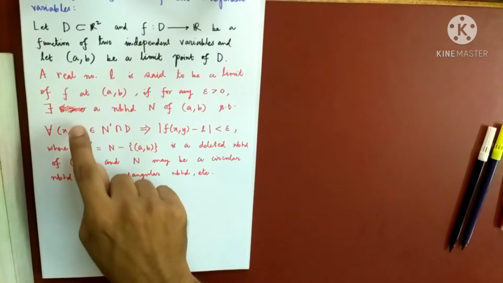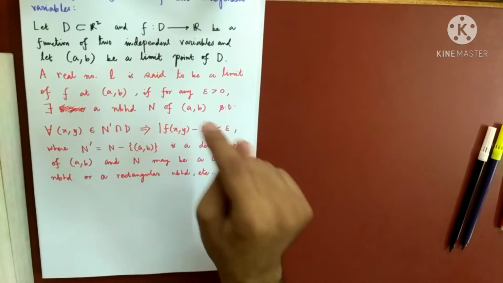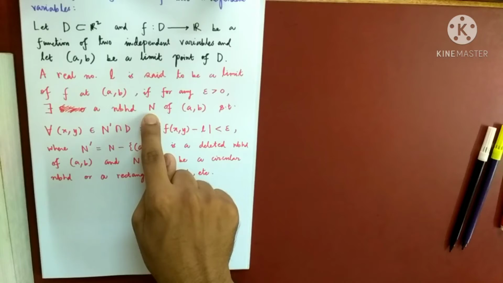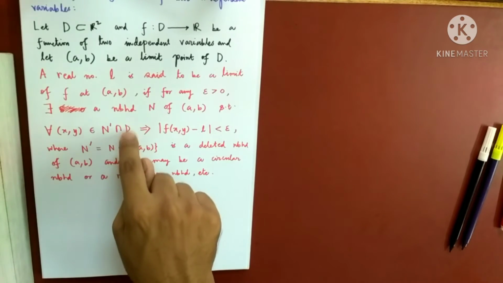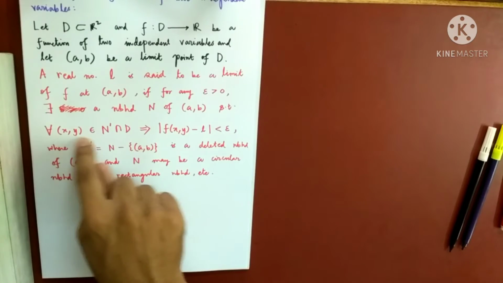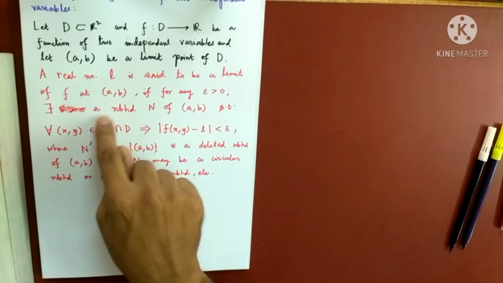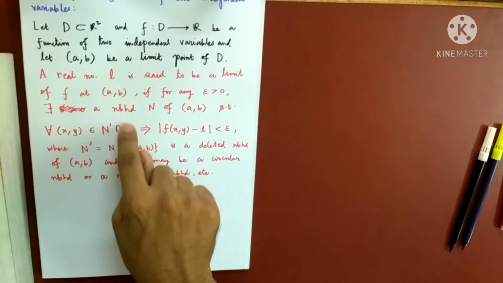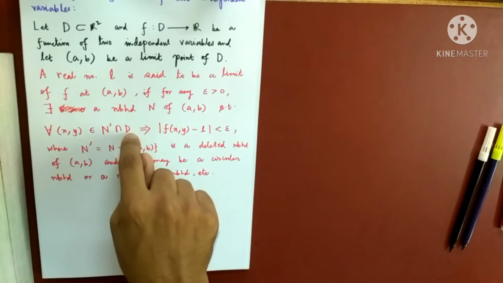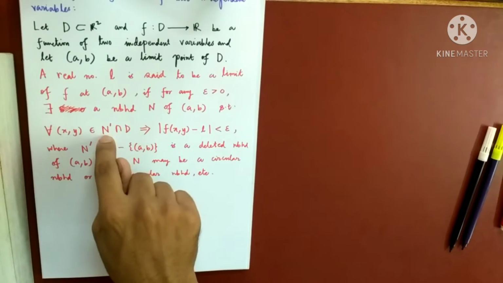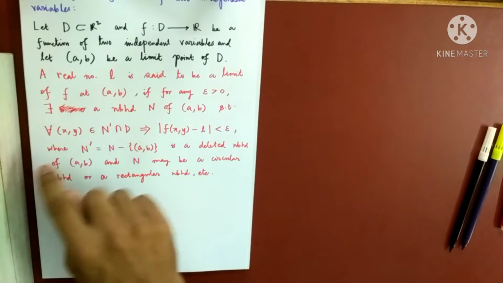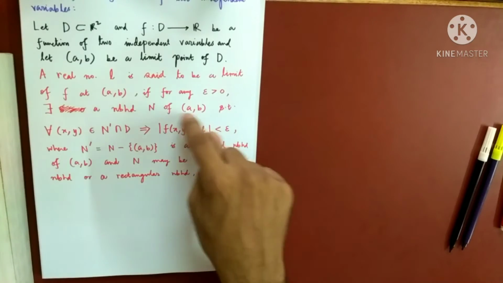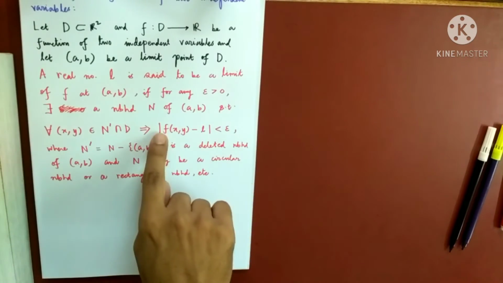For all points lying in the deleted neighborhood and inside D, what do I mean by N dash intersection D? It means all those points x, y which are in the deleted neighborhood of a, b as well as in D. For all those points, this should happen.